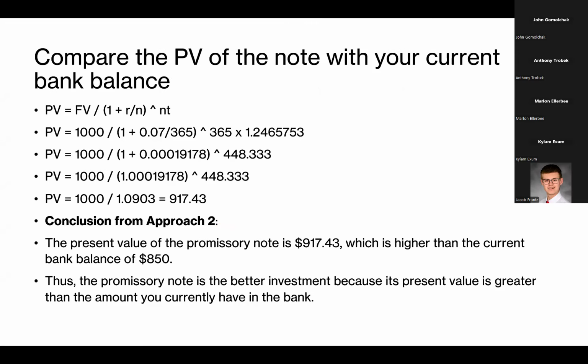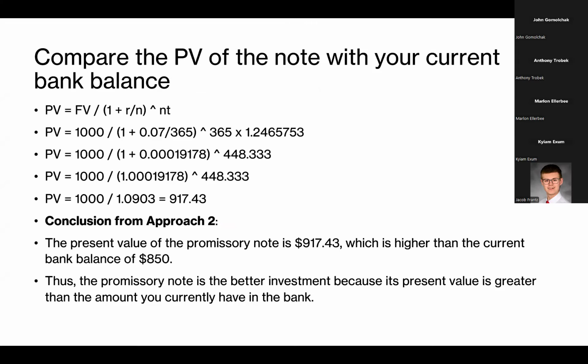The next one was to compare the present value of the note with your current bank balance. So you calculate the present value of the promissory note with the formula, with the future value being $1,000, R being the 7%, N being the 365 days, and T being the days in years.